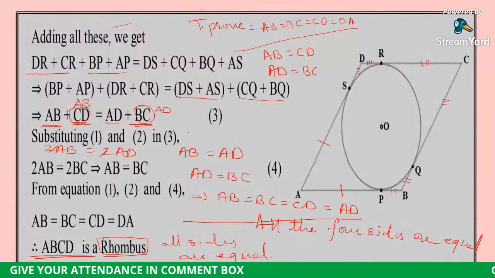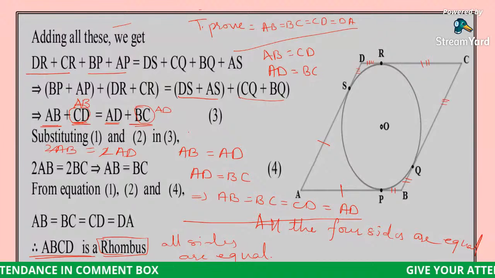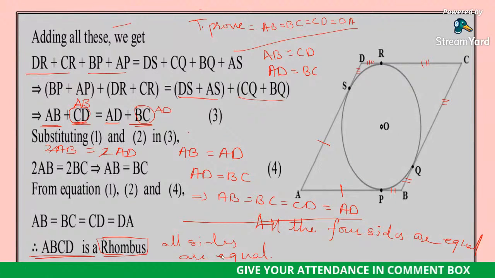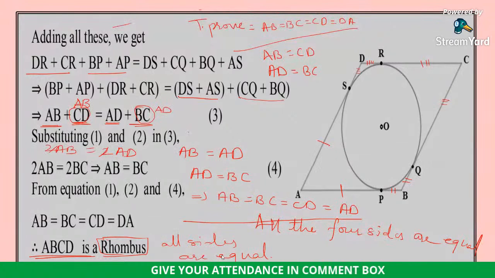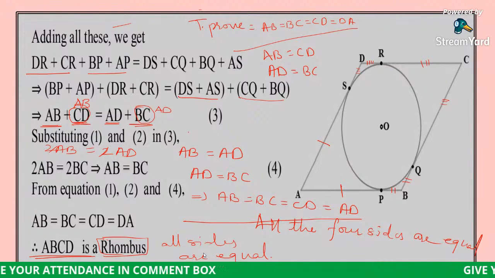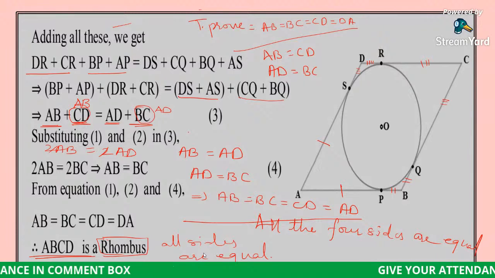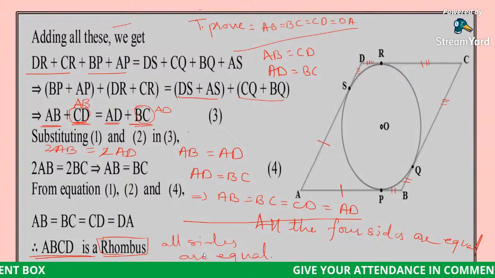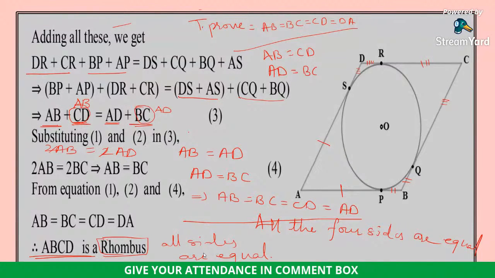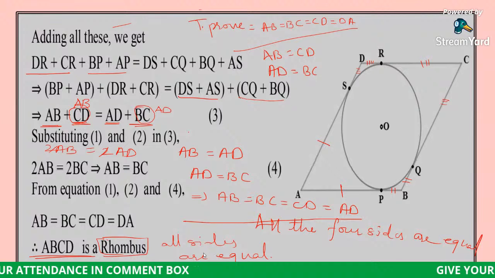Hence we have proved a given parallelogram, if it is circumscribing a circle, definitely that parallelogram is a rhombus. This is all about the tangent properties of the circles. And in this chapter, you should be very perfect with solving these kind of questions, and be perfect with the theorem, so that you should not lose any of the marks, right?